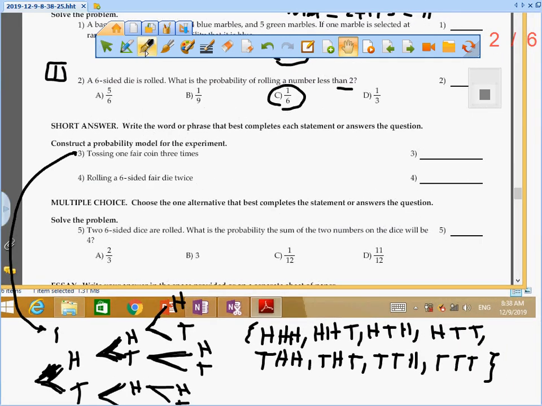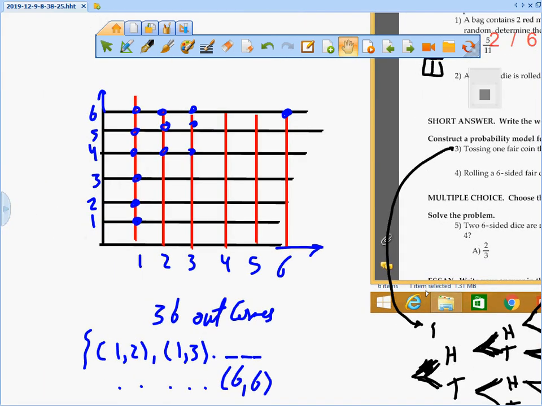For number 5, 2 dice, the one that we drew the outcomes for. What is the probability that the sum of the 2 numbers on the dice will be 4? Let's go to the sum will be 4.